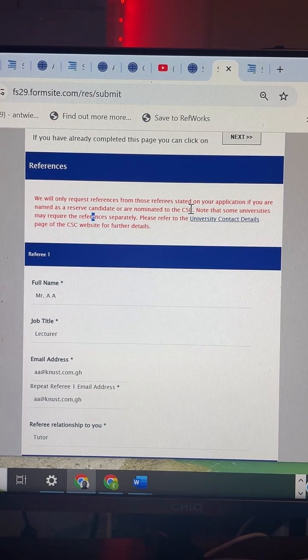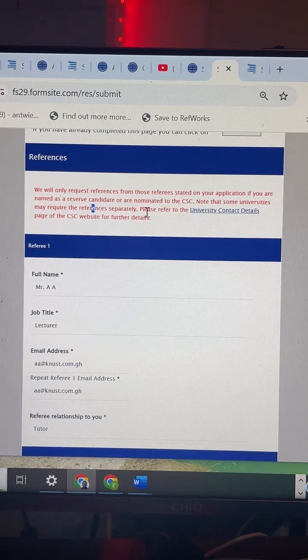And so that is where what your referees are going to say about you plays a huge role, because you've already checked all the list, and now they want to confirm that indeed your referees do know you, and they can vouch for you anytime that they are being called upon. So, the reserved candidates and the nominated, these are two things that we should also note.